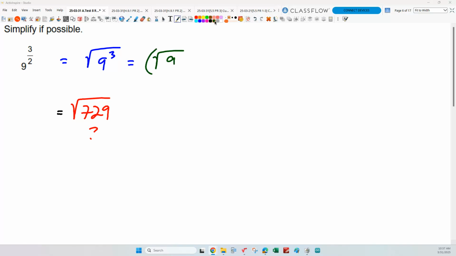The square root of 9, so we'll square root first and then cube the result. Isn't that easier? Remember we talked about that? When you have a fractional exponent like this, it's always easier to do the root first because that gives you a small number that then you can take to a power and get a bigger number, right?